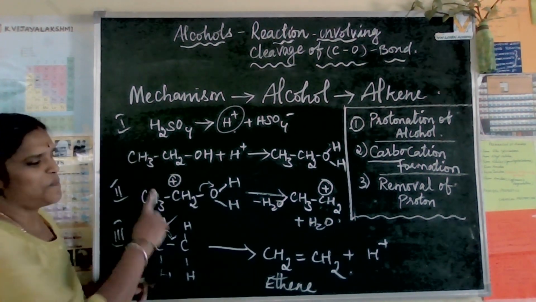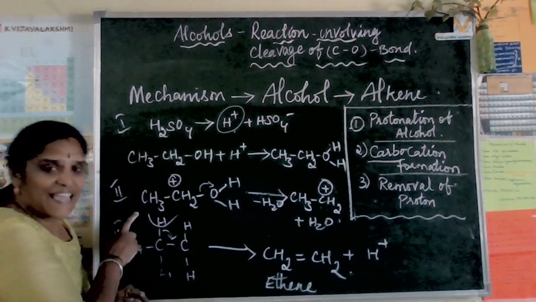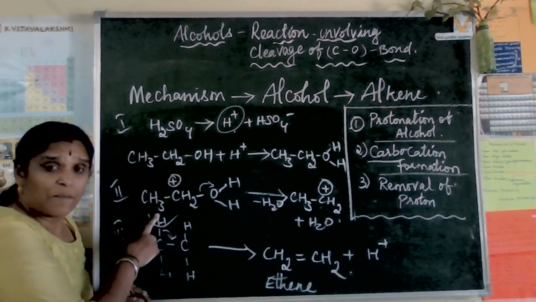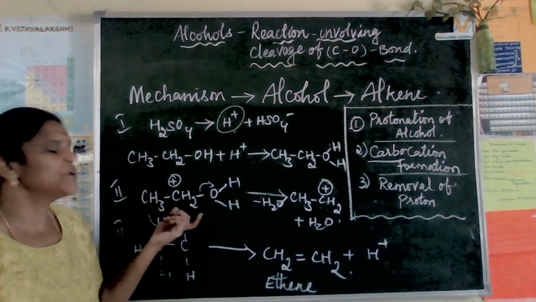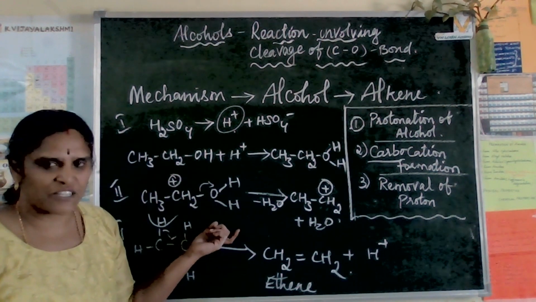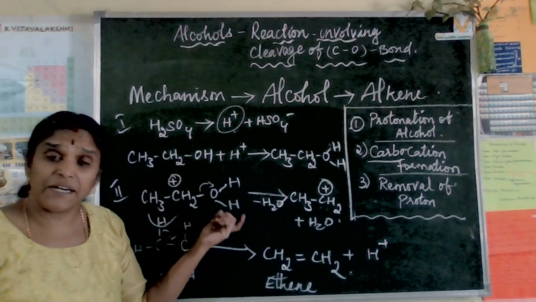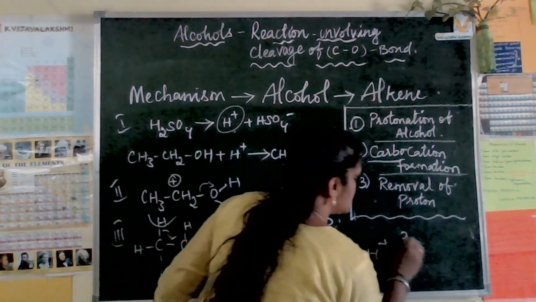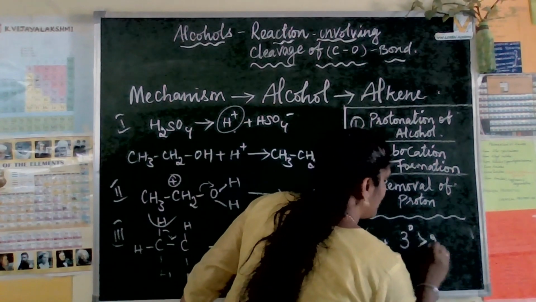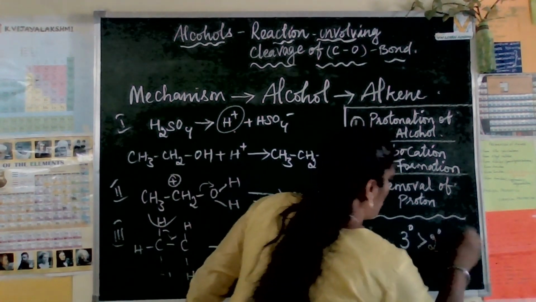Here I wanted to mention one important point. The second step is the rate determining step. You know why? Because it is a slow step reaction. Now the stability of carbocation depends on whether the alcohol is tertiary, secondary or primary.